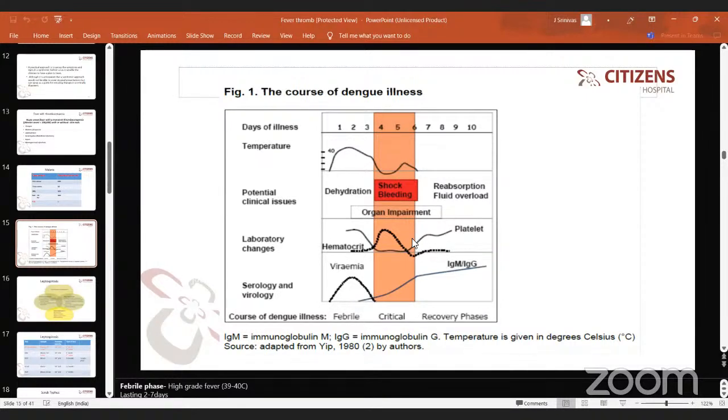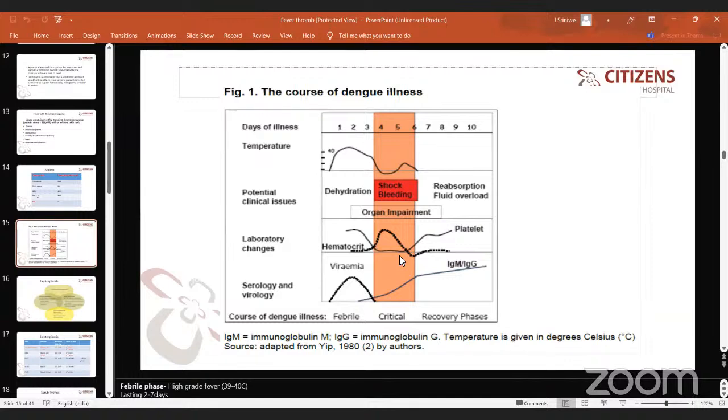During the critical phase we monitor hematocrit, which will be very high because there will be more capillary leak and organ impairment. There may be a phase of 3 to 5 days where sometimes dengue is negative: NS1 will not be reactive, and IgM also may not rise at that time.